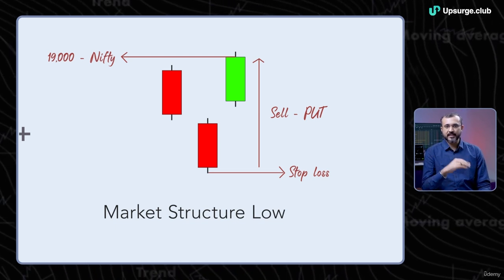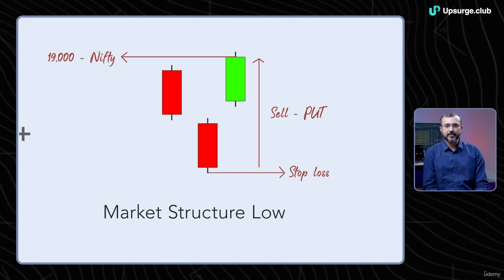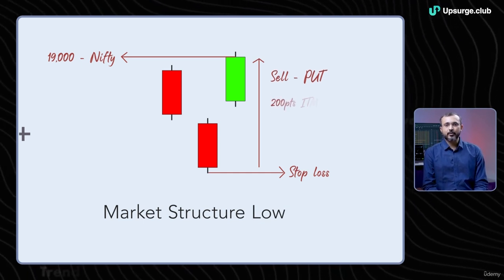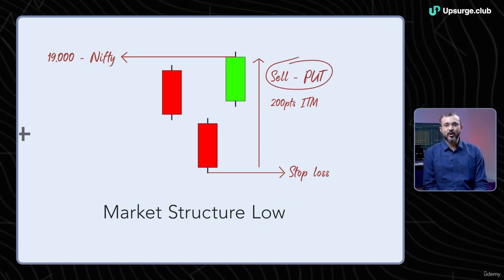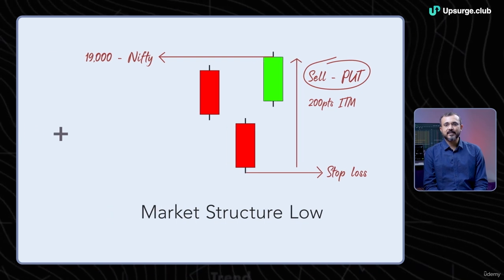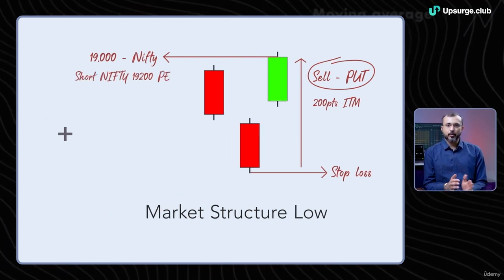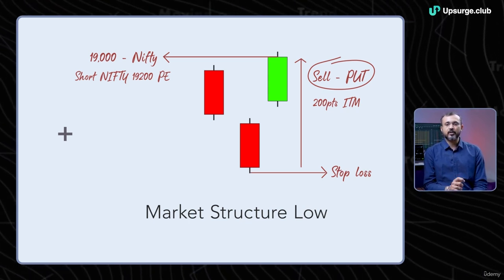The trend is bullish, price is trading above the moving average, and the MSL is confirmed at 19,000 levels. From here, we calculate 200 points in the money and short options. That means we short a put, 200 points in the money. So we select the 19,200 strike put option, and we'll go short.